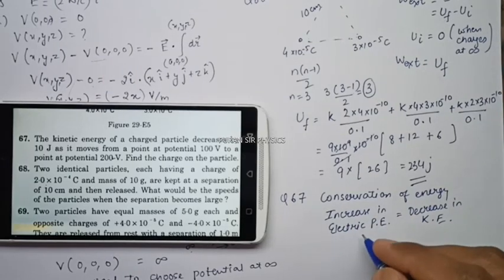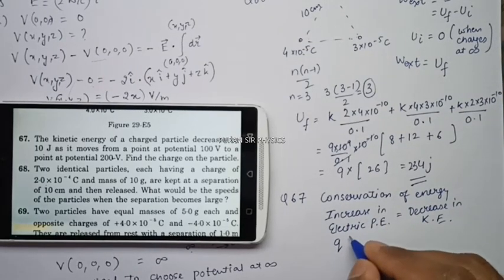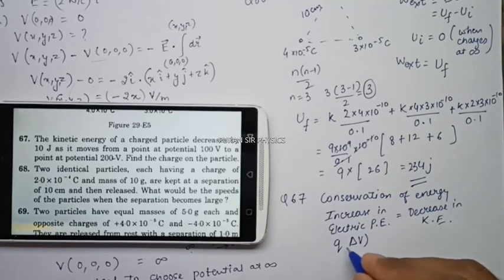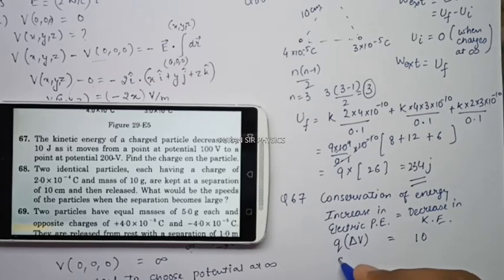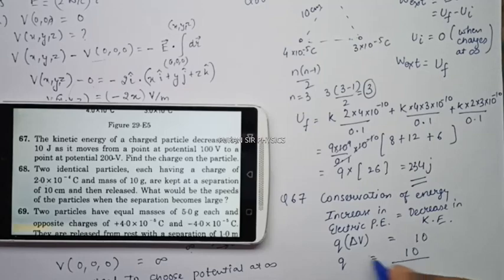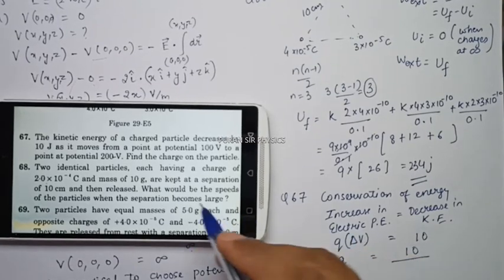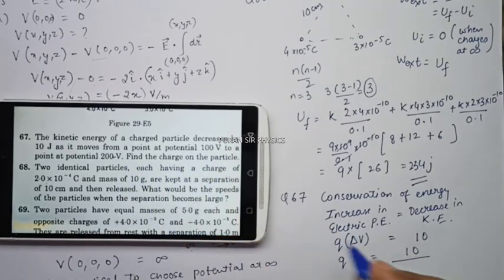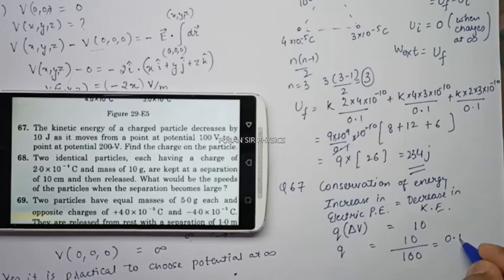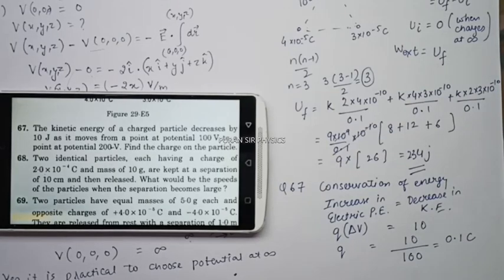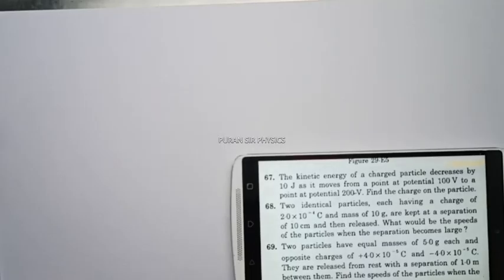So the increase in electric potential energy will be defined as Q times the increase in potential difference, and this decrease in kinetic energy is given as 10 joules. So the charge will be 10 upon the increase in voltage, that will be from 100 to 200, it will be 100. So delta V will be 100, 200 minus 100. So it will be 0.1 coulomb. So this is the answer of question number 67.